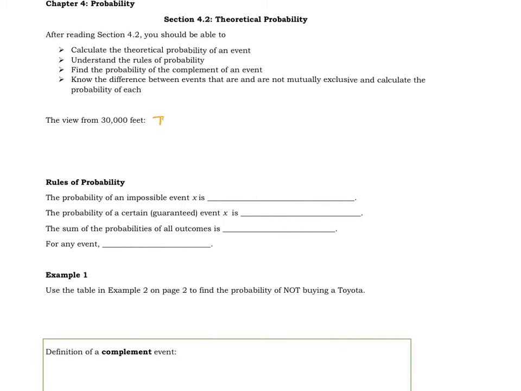So theoretical probabilities can be found without doing an experiment.